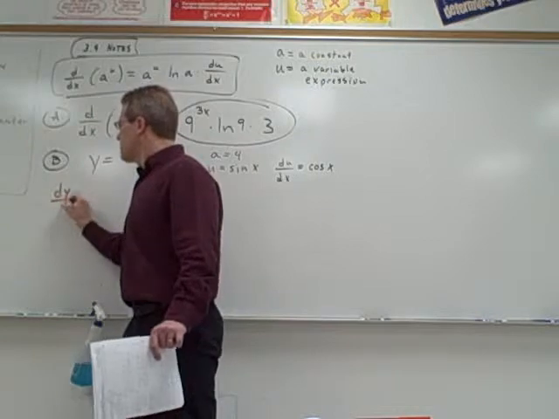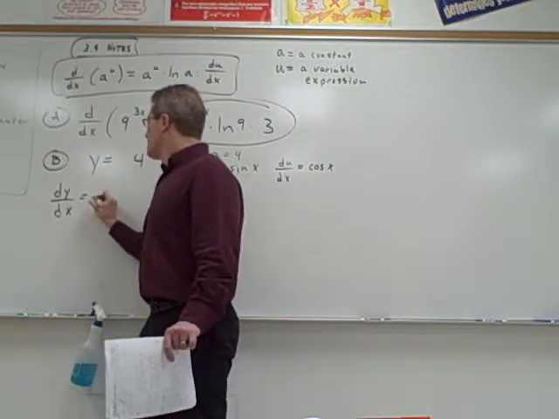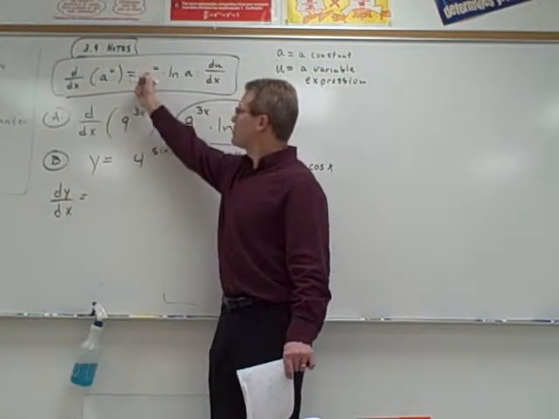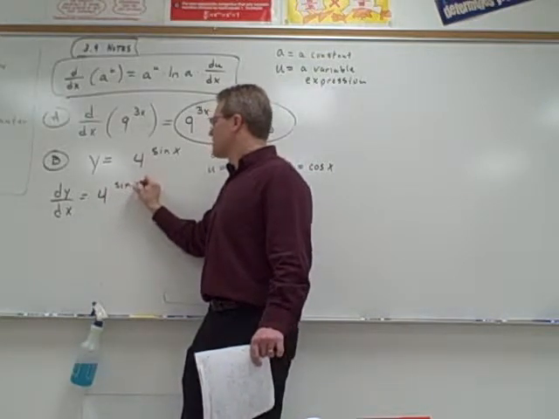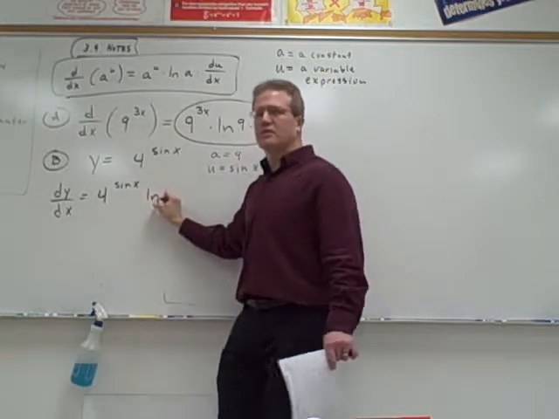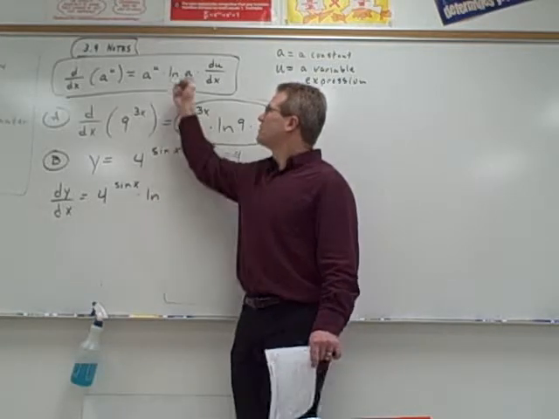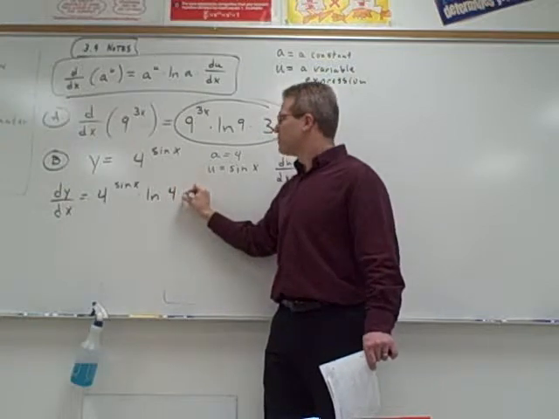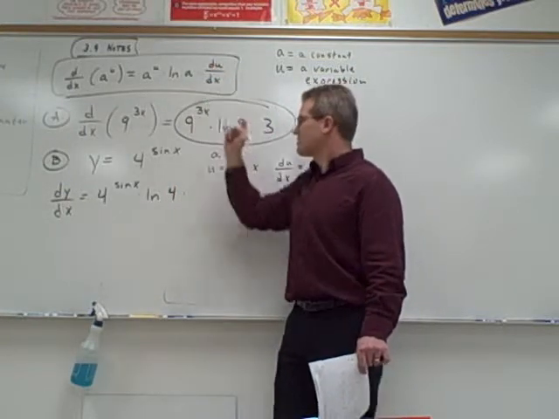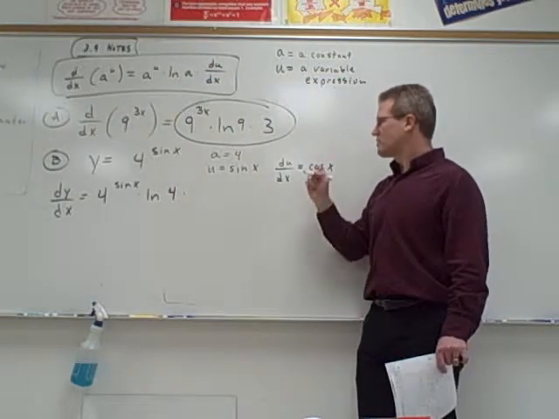My derivative, dy over dx, or y prime. Formula says I copy down the problem, 4 to the sine of x power times the natural log of what? A, what's my a again? 4, natural log of 4 times du over dx, which I said was cosine of x.